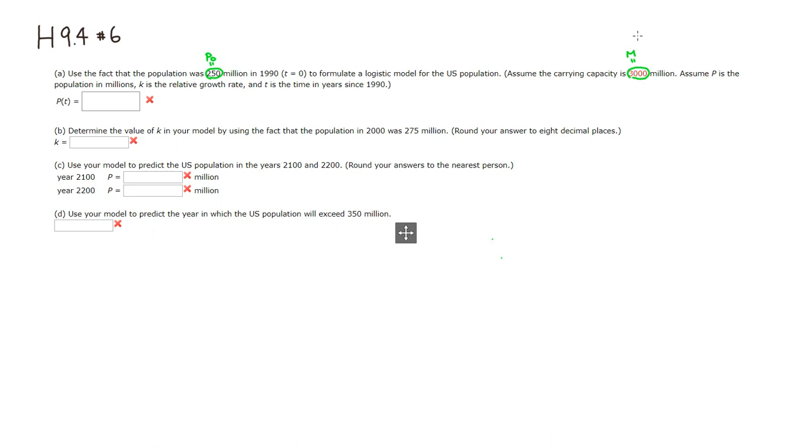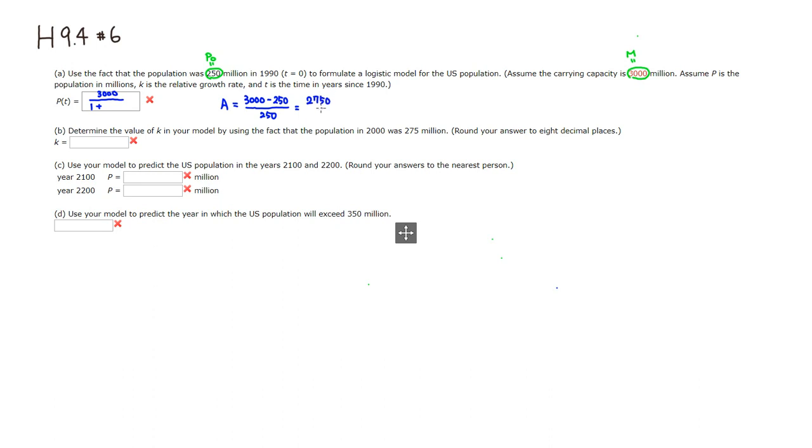We already know this is going to be M, so 3,000 over 1 plus A, where A is the carrying capacity 3,000 minus the initial population 25, divided by 25. So 3,000 minus 25 is 2,975, hmm, in these units 2,750 divided by 250.